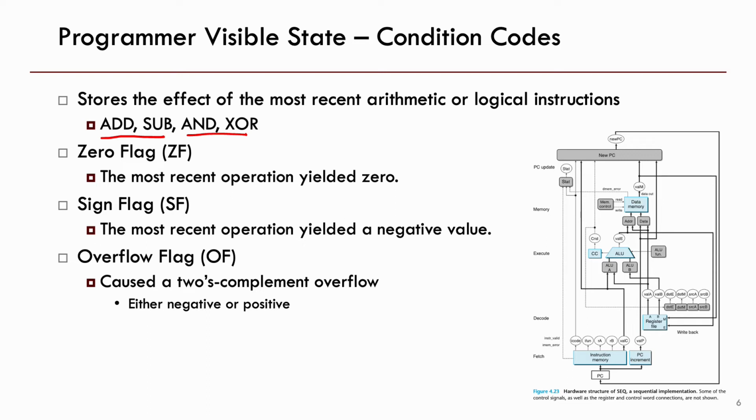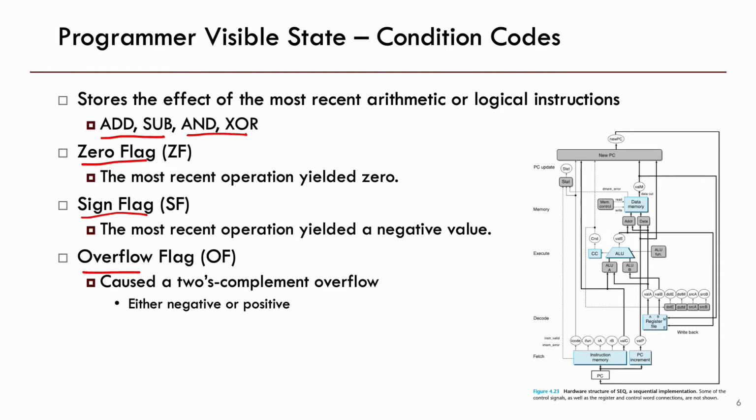So here we have three flags or 3 bits. The first is the zero flag, and we set this flag if the most recent operation yielded 0. The second flag, or second bit, is the sign flag, and we set this flag if the most recent operation yielded a negative value.